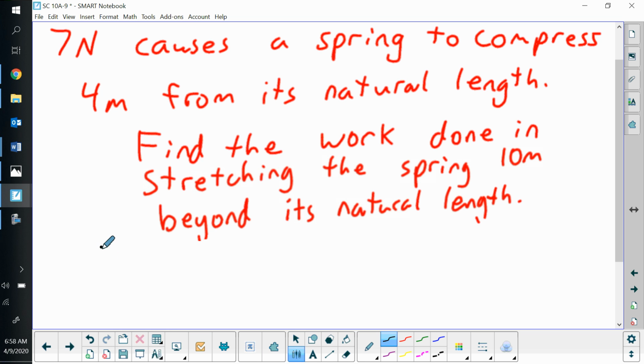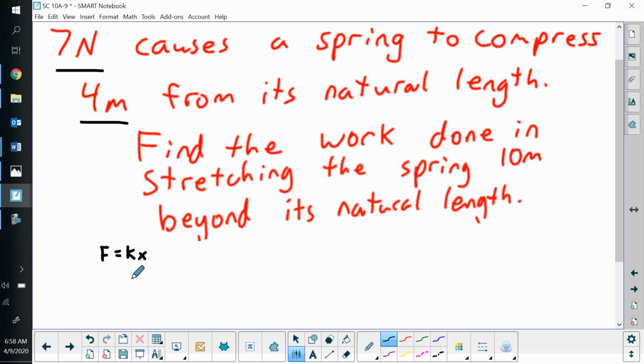So with spring questions, our force equation, which you saw in the video, is F equals Kx. In any spring question, your first task is to find the K value, because they will always tell you a certain force that either stretches or compresses the spring a certain amount. And that's what we have here. 7 newtons caused it to change by 4 meters.